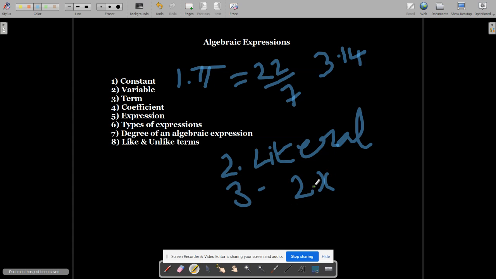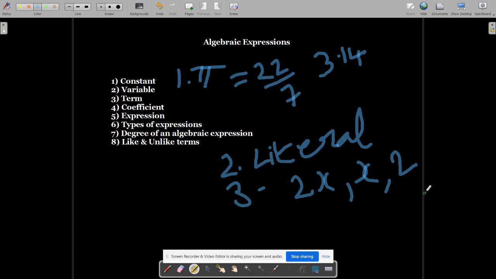So, a combination of a numeral and a literal, or alone a literal, or alone a numeral, is called a term.